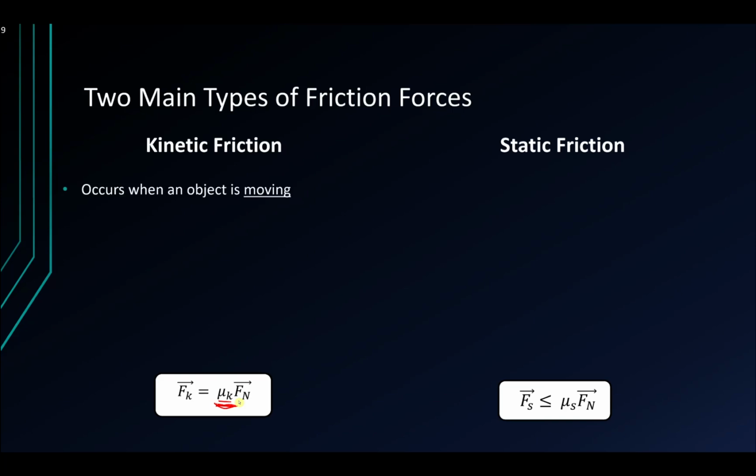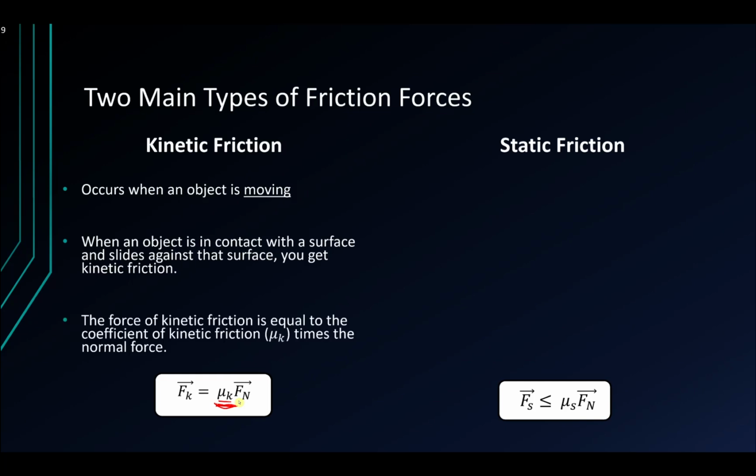So kinetic friction occurs when an object is moving. When an object is in contact with a surface and it slides against that surface, you get kinetic friction. And this force of kinetic friction is equal to the coefficient of kinetic friction, mu sub k, times my normal force. Now, what about static friction? Static friction is interesting because it's not equal, it is less than or equal to the coefficient of static friction times the normal force.